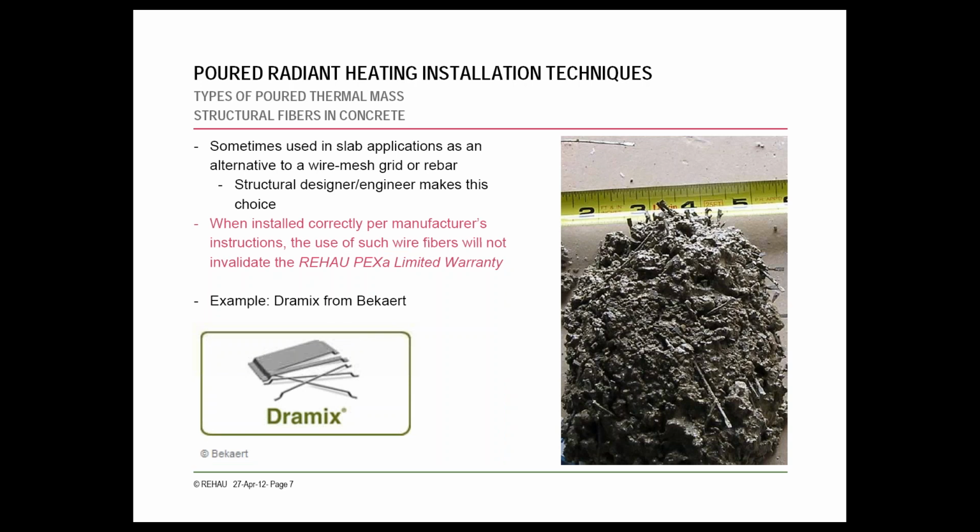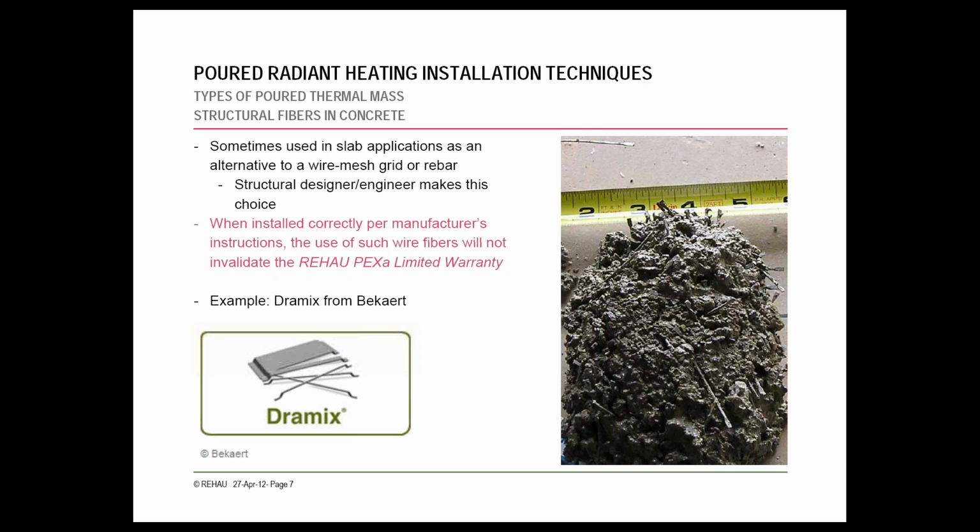In terms of the structural integrity of the slab, here they're specifically talking about structural fibers in concrete, but in any case where you're using a specific concrete product, you want to check with the manufacturer, or more aptly the structural engineer on the project, to make sure that they're okay with the tubing being in the slab.